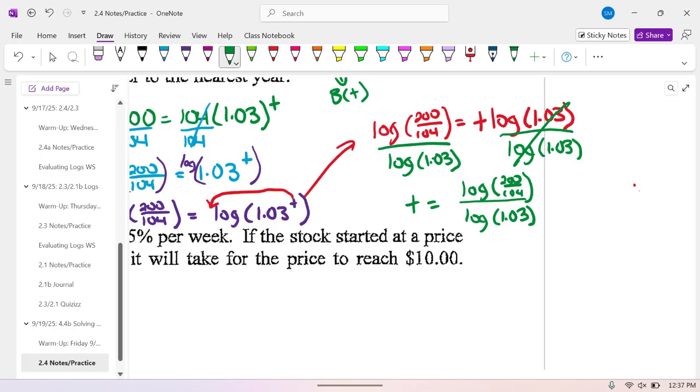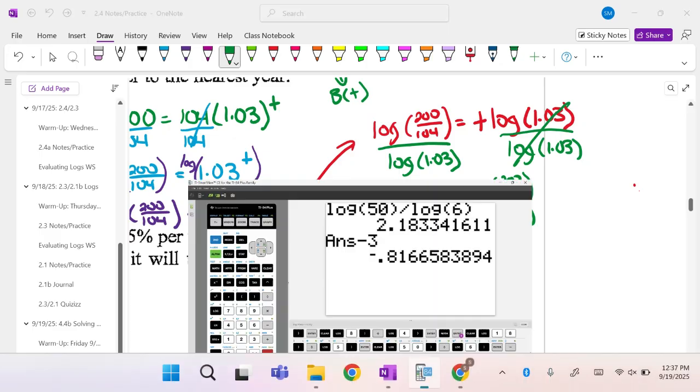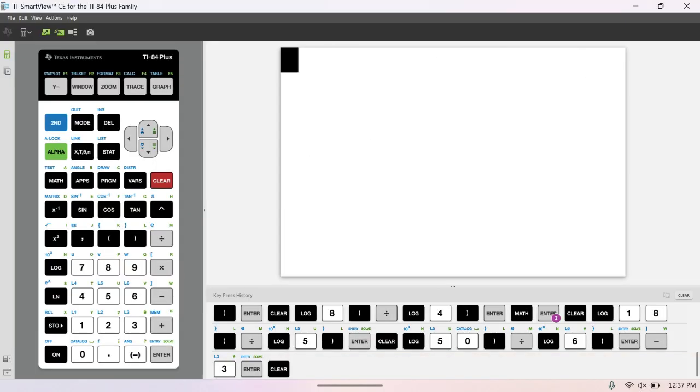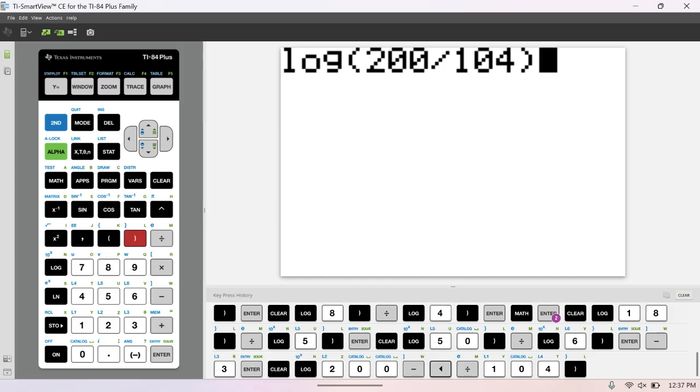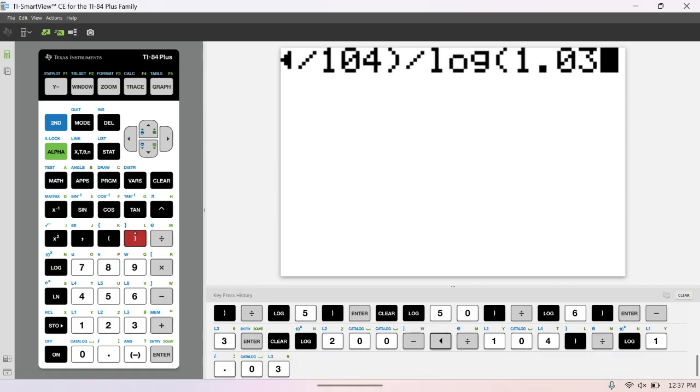Now that's our exact answer, but they want it in years and rounded to the nearest year. So I'm going to put that in my calculator. I'm going to type log of 200 divided by 104, so that's all within the first parentheses of the log, and then divide that by the log of 1.03.